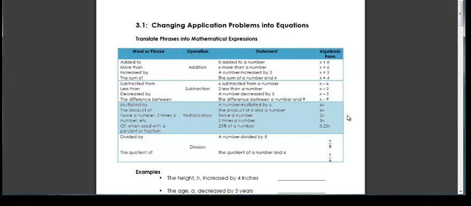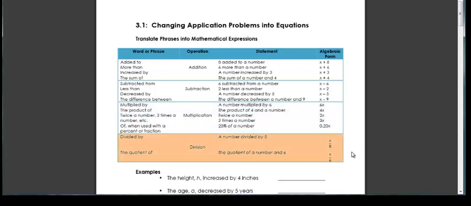The product of 4 and a number, 4x. Twice a number, 2x. 3 times a number, 3x. And then 20% of a number will be 0.2x, because you have to translate your percent into decimals. You did that back in Chapter 1 as well.